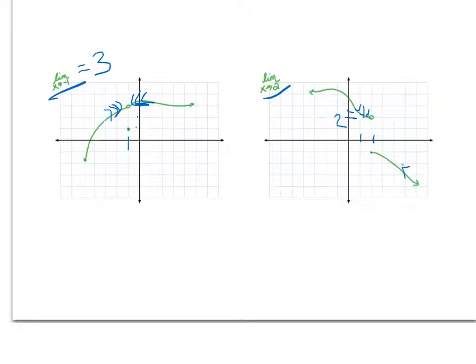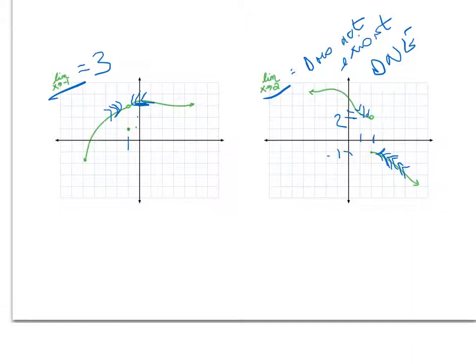However, if I approach from over here, from the right side of the function, notice my y values are getting closer and closer to -1. Since they are approaching two different things, I'm going to go ahead and say my limit does not exist. Often instead of writing that out, we just write DNE, does not exist.